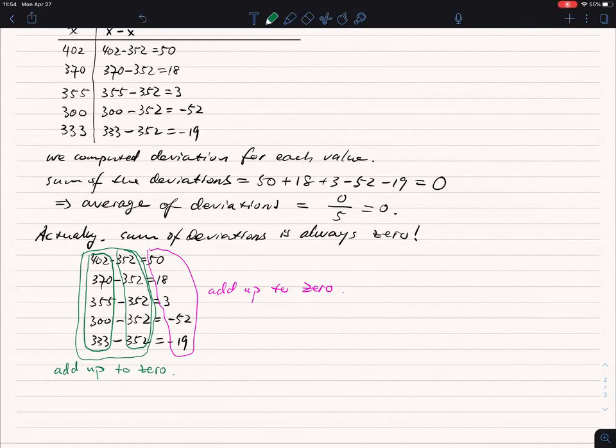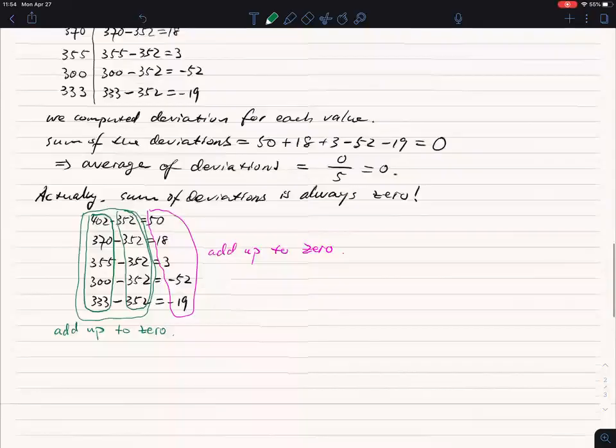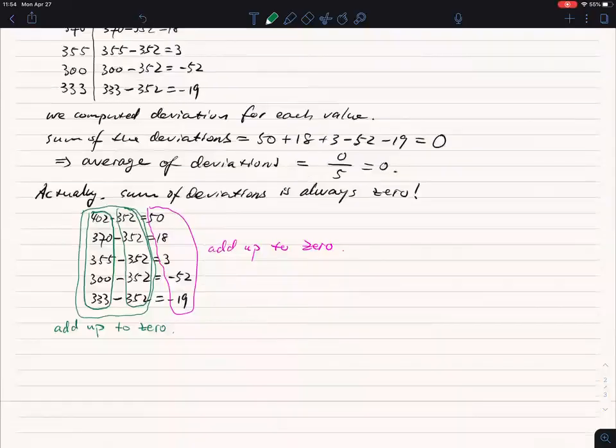So there's no magic here. No matter what data set you look at, you always get 0. So the average of deviations is going to be 0. This is not helpful, right? 0 is a nice number, but not helpful for us to figure out the dispersion of data.